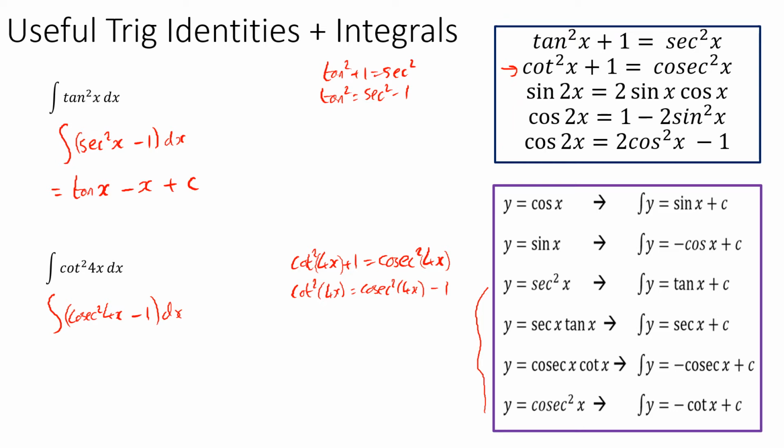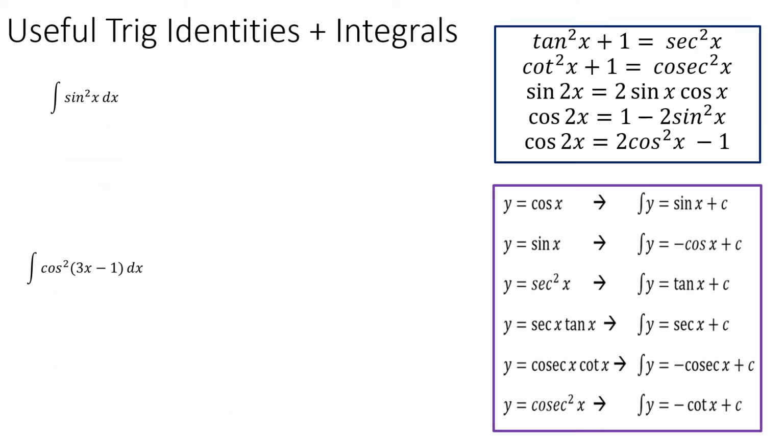So this is going to go to 1 over 4 of minus cot 4x, and then minus 1 is going to integrate up to x, and then there's a plus c. So we might tidy that up and say we've got minus a quarter, lots of cot 4x minus x plus c. But yeah, that's it.